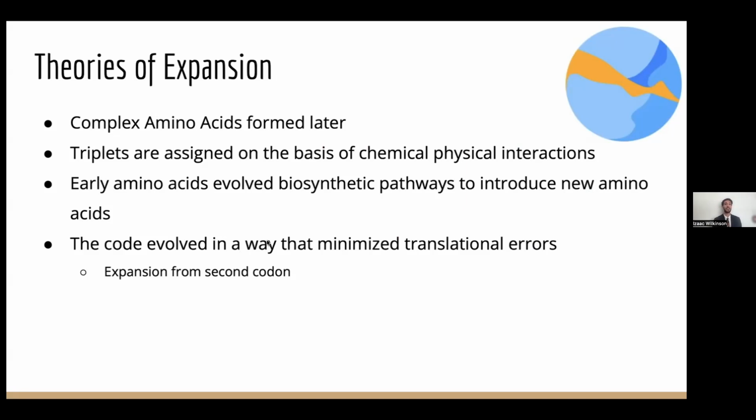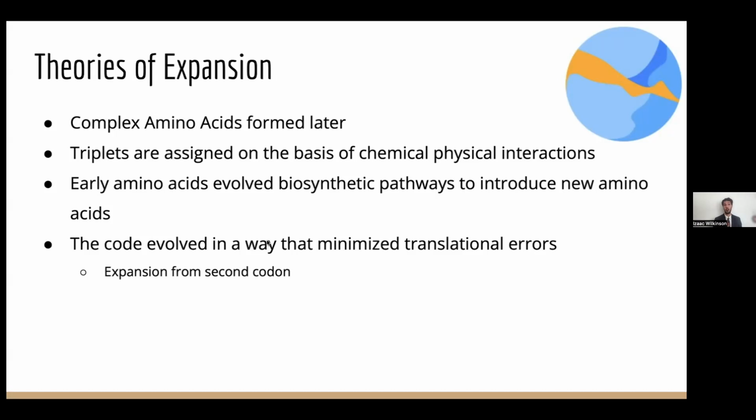And when it comes to things like the stereochemical theory, that was examining the specific chemical and physical interactions between those codon triplets and the amino acid itself, which would most likely be the earliest set to come about. The coevolution showed that after that first set of amino acids, they were able to biosynthetically evolve a next set of amino acids based off of those ones.